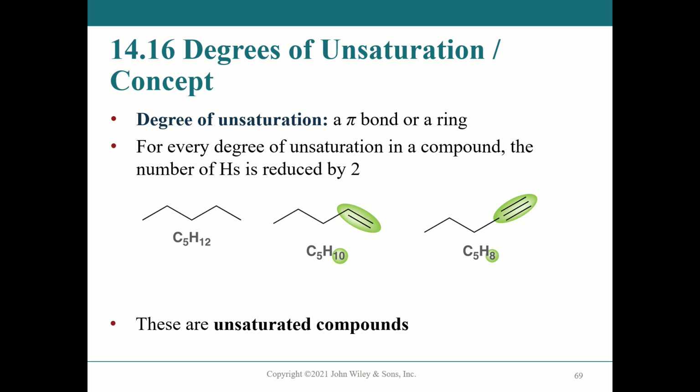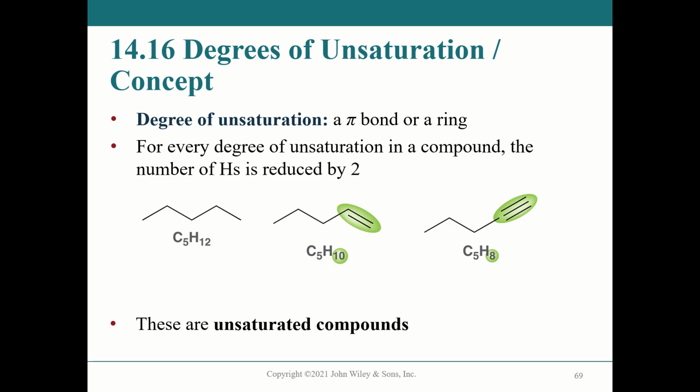If we look at C5H10, same number of carbons, so the maximum number of hydrogen was 12. But this chemical formula has 10 hydrogen. So 12 minus 10 gives us 2 hydrogen. 2 divided by 2 gives us 1 degree of unsaturation.